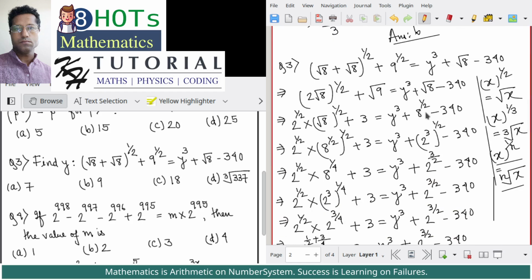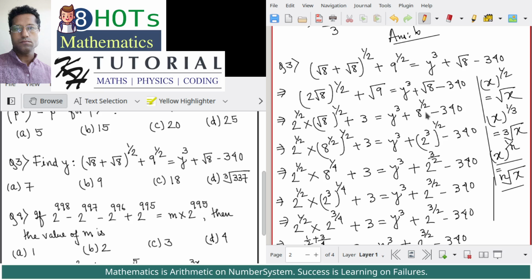I will quickly check if I copied the problem incorrectly or not. This is one thing, I always make mistakes in copying the problem properly. Let me quickly check. Root 8 plus, oh sorry, I'm very sorry.